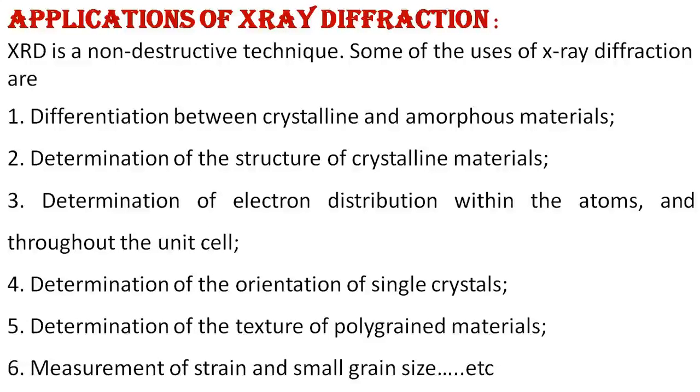Some of the uses of X-ray diffraction are to differentiate between crystalline and amorphous material, determination of the structure of crystalline materials, determination of electron distribution within the atoms and throughout the cell, determination of the orientation of single crystals, determination of the texture of polycrystalline materials, and measurement of strain and small grain size.